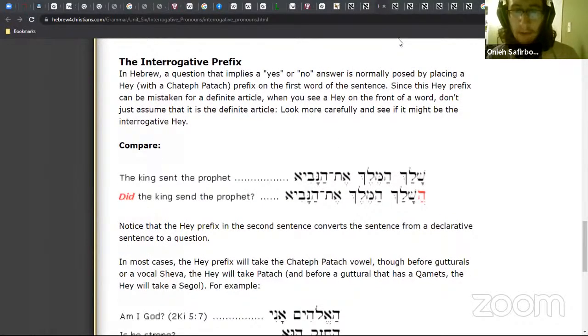So in Hebrew, you know how I said earlier, if you want to say the, you add a hey at the beginning of a noun, and that makes it the. Well, hey also makes it a question. When you want to make a phrase a question, you add hey at the beginning. So this first line shows it without the hey, and this person, whoever did this, wrote the wrong word, I think.